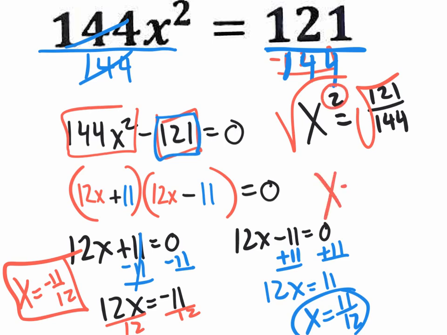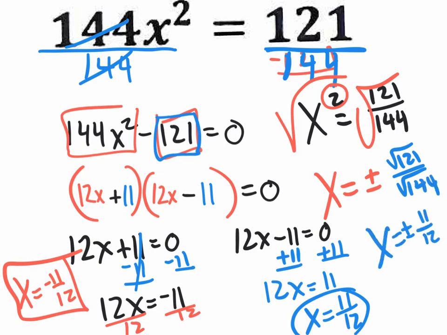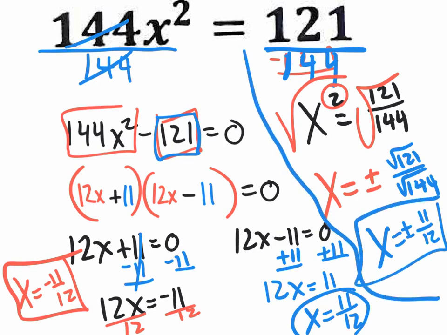But when you apply a square root in an equation, you have to put a plus or minus in front of your answer. So all you need to do is split the root, 121, 144, and you'll get x equals plus or minus 11 over 12. So you get the same answer. It's just a lot faster, I think. So those are two different methods. It's up to you.